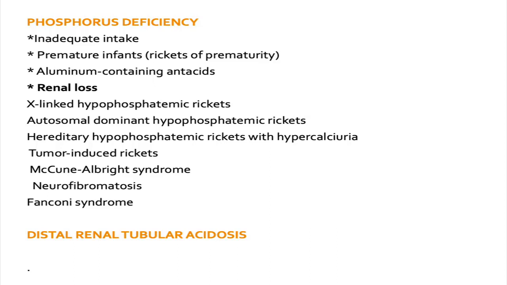Another cause of phosphorus deficiency is renal loss, in which there is X-linked hypophosphatemic rickets, autosomal dominant hypophosphatemic rickets, hereditary hypophosphatemic rickets with hypercalciuria, tumor-induced rickets, McCune-Albright syndrome, neurofibromatosis, and Fanconi syndrome. All these cause deficiency of phosphorus by renal loss.